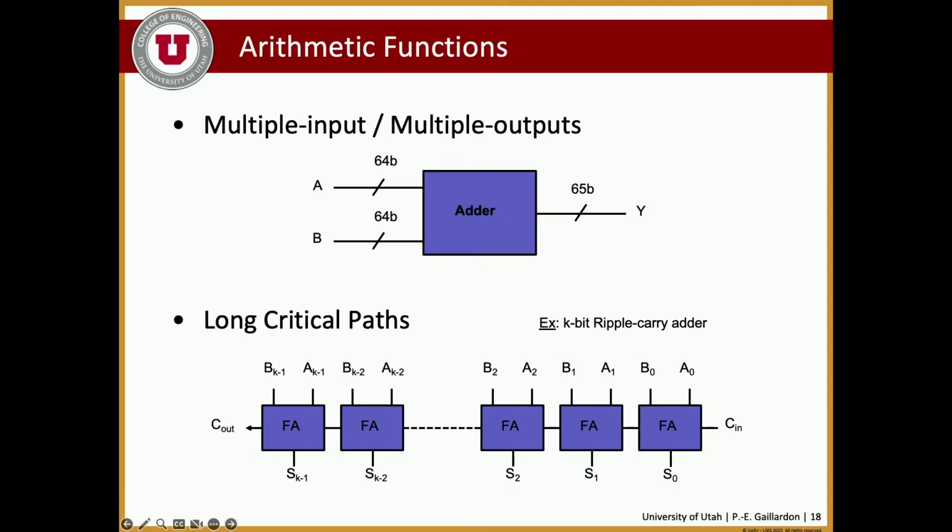There are many different architectures to avoid that ripple carry type of topology, using carry look-ahead and a bunch of others, but in principle you are going to have a very long critical path that you have to deal with. And if you just implement that in regular lookup tables, then you have to route through a bunch of resources to the next stage, and that will cost you immensely.